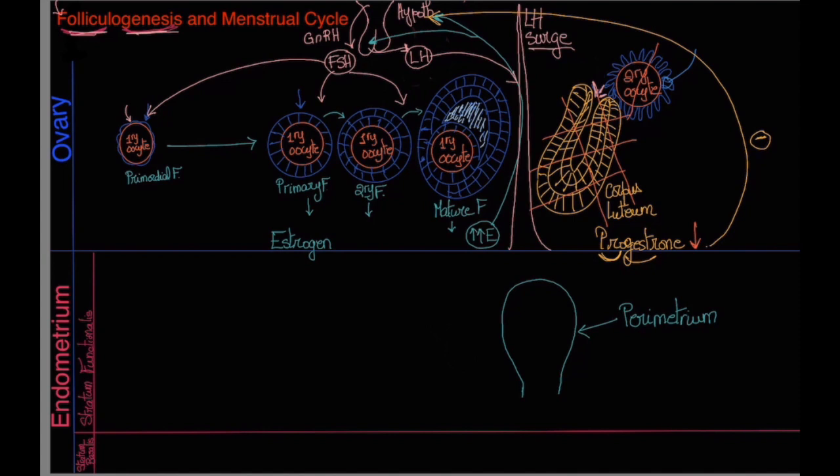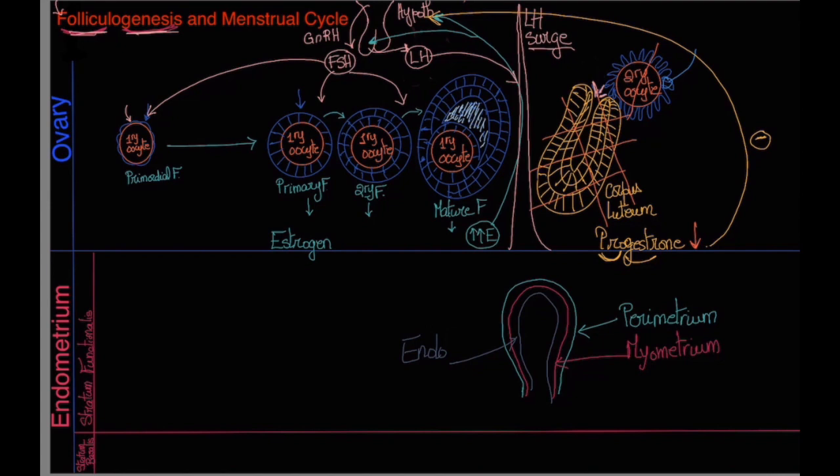Underneath the perimetrium, we have the muscle layer of the uterus. This is my myometrium. And to the inside, we have the layer lining the uterus from inside. This is the endometrium.